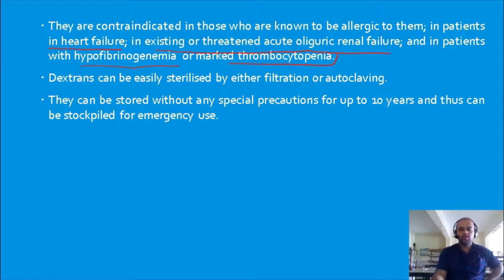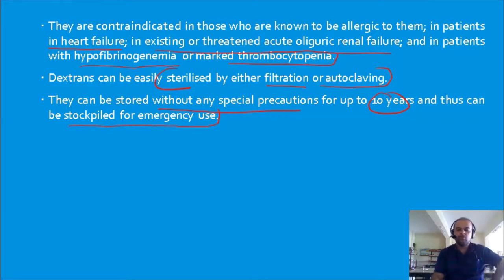So in all these cases, we should not give dextran. Okay, so dextran can be easily sterilized by either the filtration method or by autoclaving, and it can be stored without any special precautions for up to 10 years, and thus can be stockpiled for emergency uses.